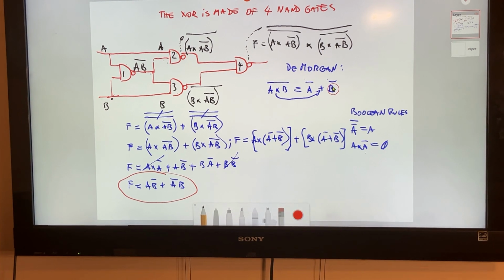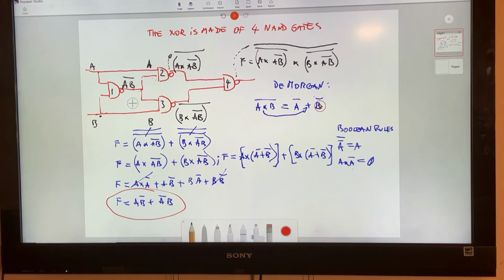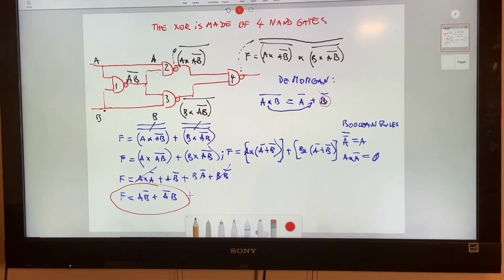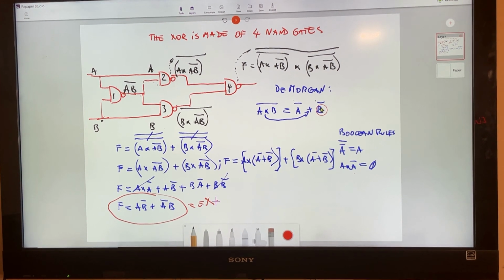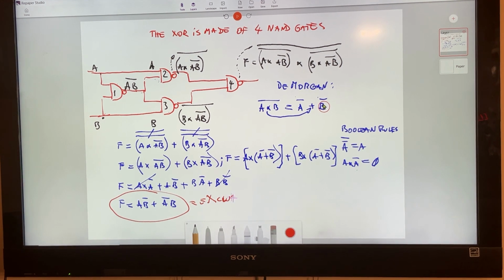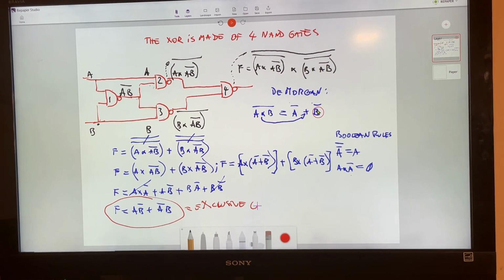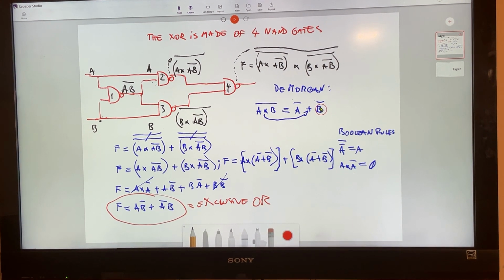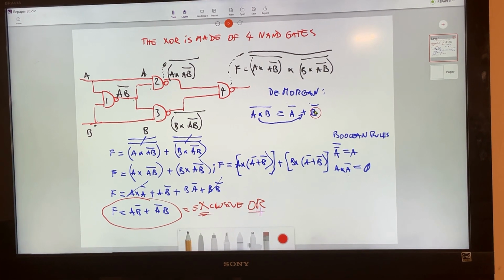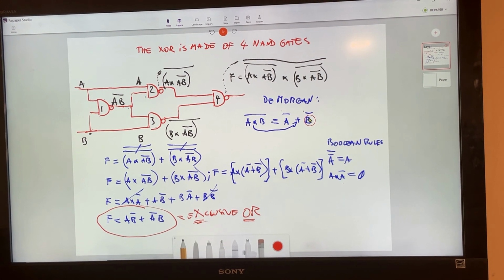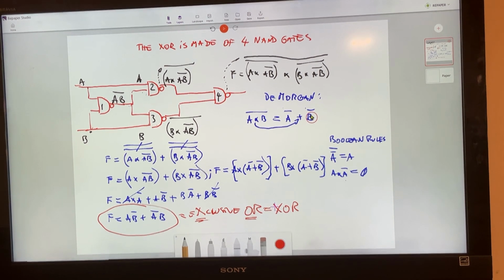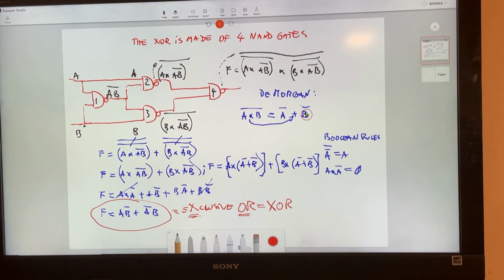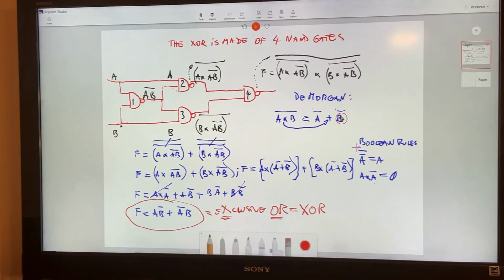This is the expression regulating all the diagram over here, and this is called the exclusive OR. So if you pick up the letter X from here and the OR from here, this is why you can get XOR. So what is XOR? It's called exclusive OR.